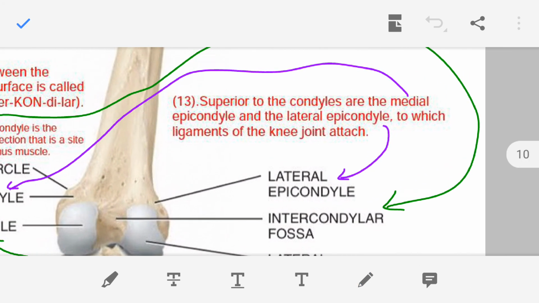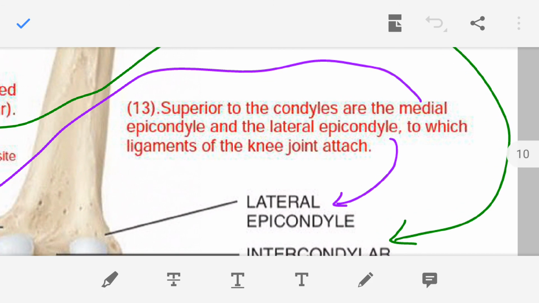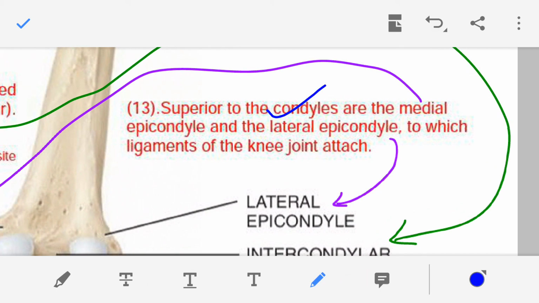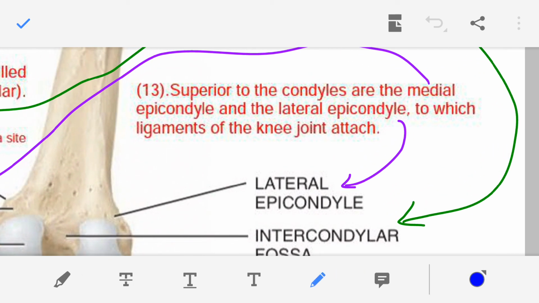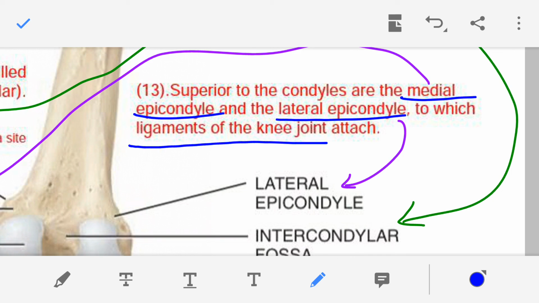So point number 13 says superior to condyles are the medial epicondyle and the lateral epicondyle. And to these epicondyles, that is the medial and lateral epicondyle, ligaments of the knee joint attach.